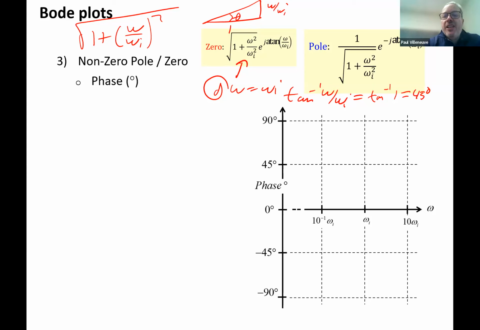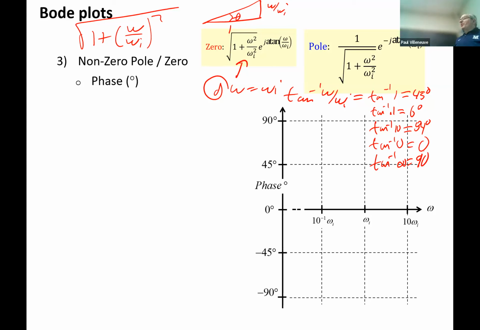What's the inverse tangent? So if we're 1/10, it's approximately 6 degrees. What's the inverse tangent of 10? I think it's 84 or 85 degrees. What's the inverse tangent of 0? 0. Inverse tangent of infinity is 90.